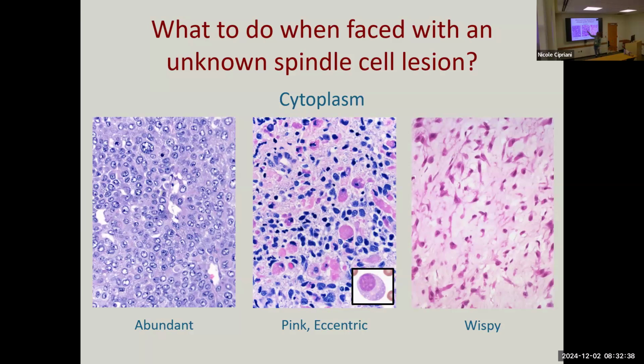Rhabdoid is generally really densely eosinophilic to resemble those myofilaments. Plasmacytoid, if it's a true plasma cell, has this paranuclear Golgi hof. Or if the cytoplasm is just voluminous and the nuclei are plump and the cytoplasm is plump, this is epithelioid. So we have epithelioid cells, we have plasmacytoid or rhabdoid cells, and we have these stellate wispy cells.